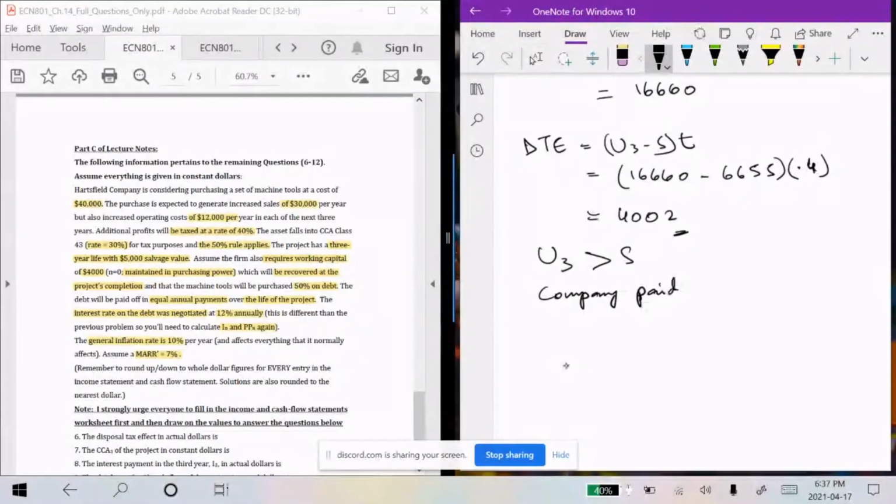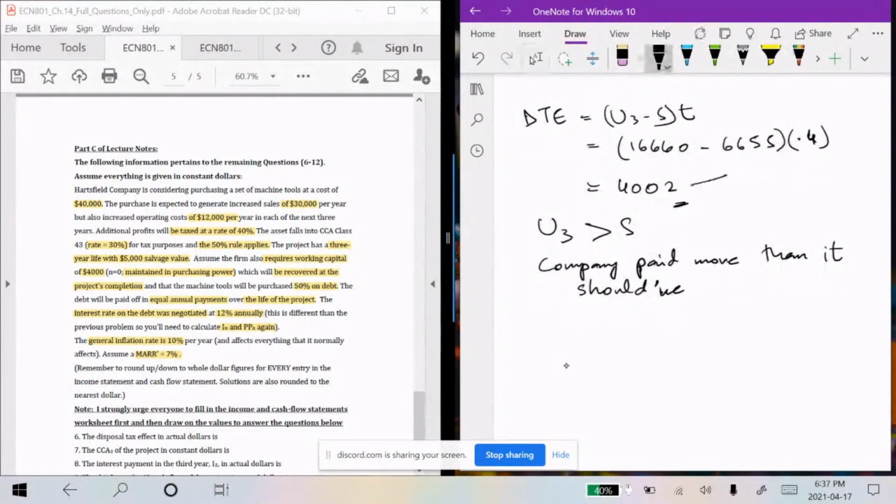Paid more than it should have. So what that means is, how much did they pay more? They paid $4,002 more. So the CRA is going to give this back to the company since it's positive, all right? So the U3 is greater.